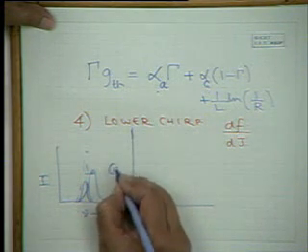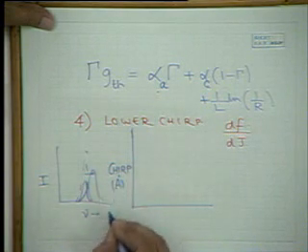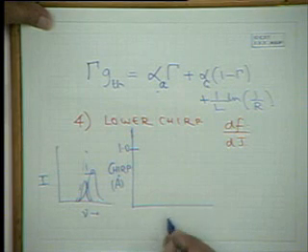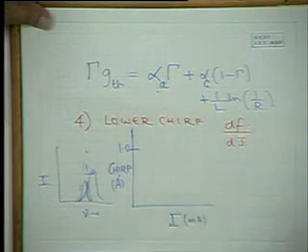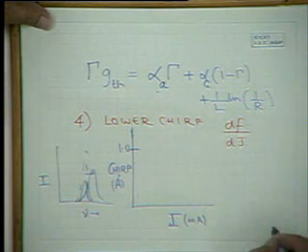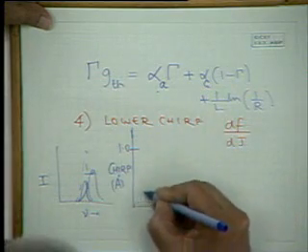Chirp is measured in angstroms. How many angstroms shift will you get? This is say 1 angstrom, and this is a function of I, current. There will be a small amount of chirp, but in the case of a bulk double heterojunction laser, the chirp line will go something like this.